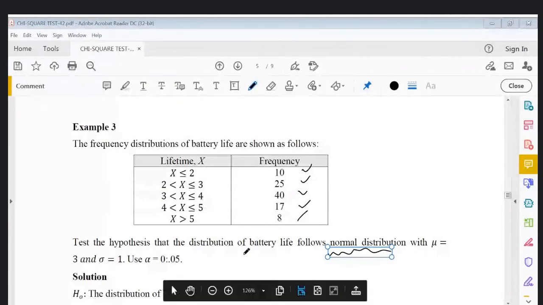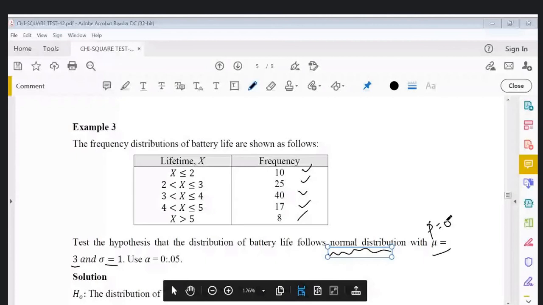When the parameters are given, P is 0. The number of parameters is 0 because they are given. If not given, we put P is 2, since mu and standard deviation are parameters.